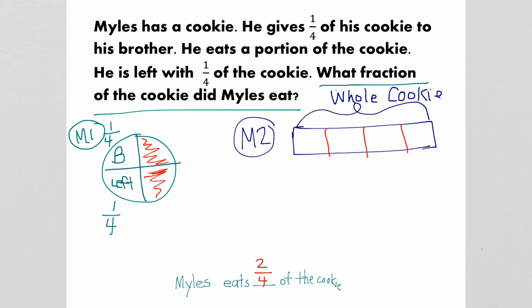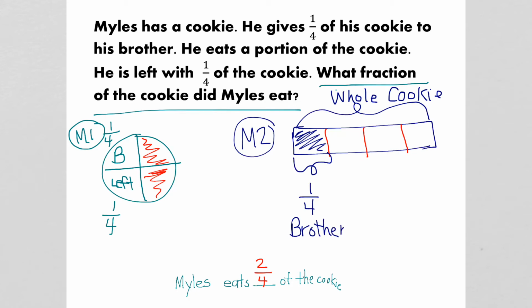Great. Remember, the visual model and what we know go hand in hand at the same time. We know that the brother had 1/4 of the cookie. So I'm going to put brother there because labeling is important too. I love to label.